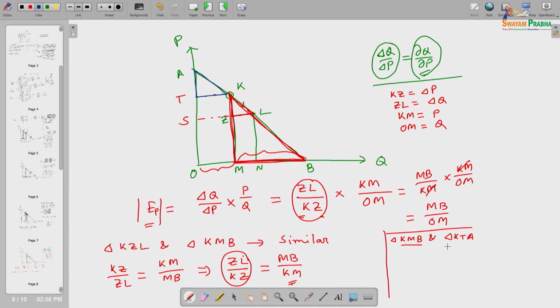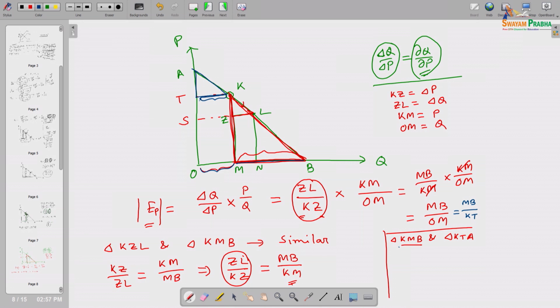By virtue of their similarity, this OM distance and KT distance are the same. So instead of OM, I can write KT in the denominator, with numerator MB as it is. So this distance by this distance is the absolute elasticity value.